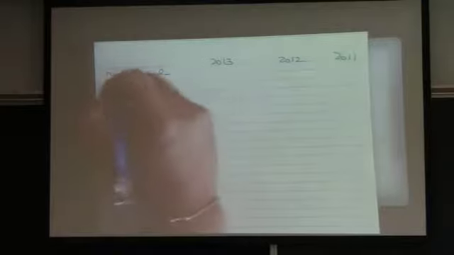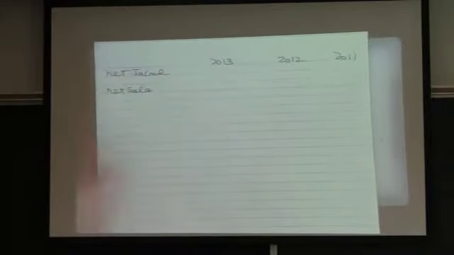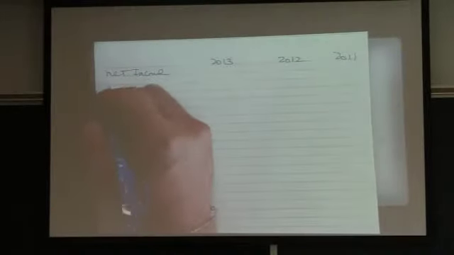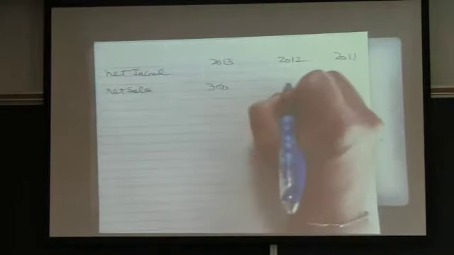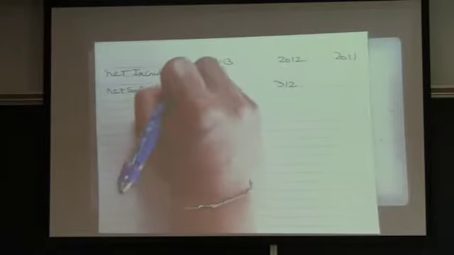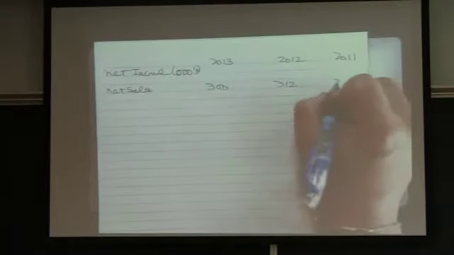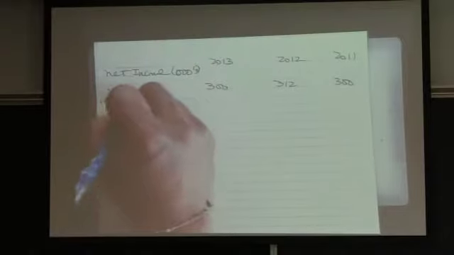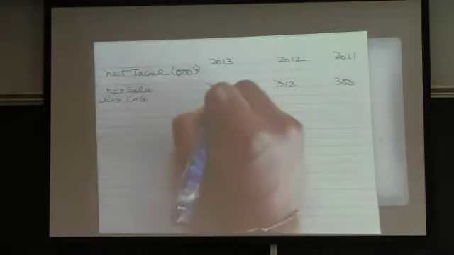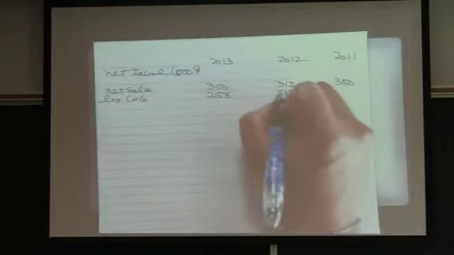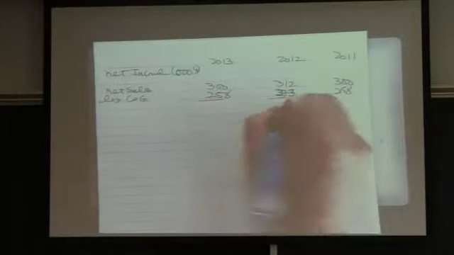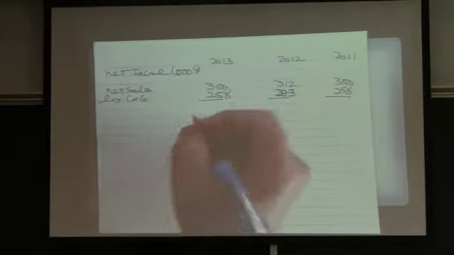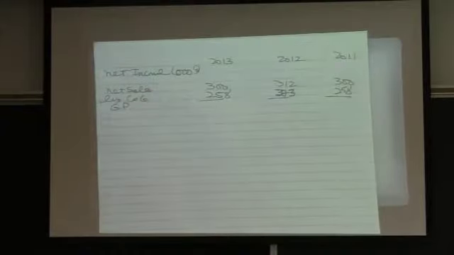So we've got net sales, less cost of goods sold. I'm going to do it in thousands. This is going to be the gross profit, GP for gross profit.